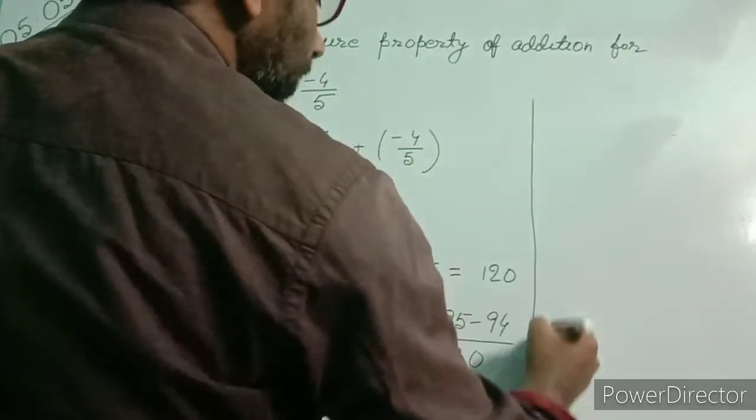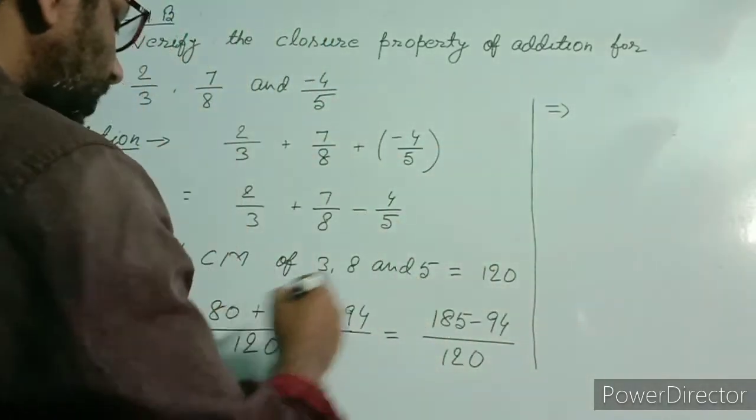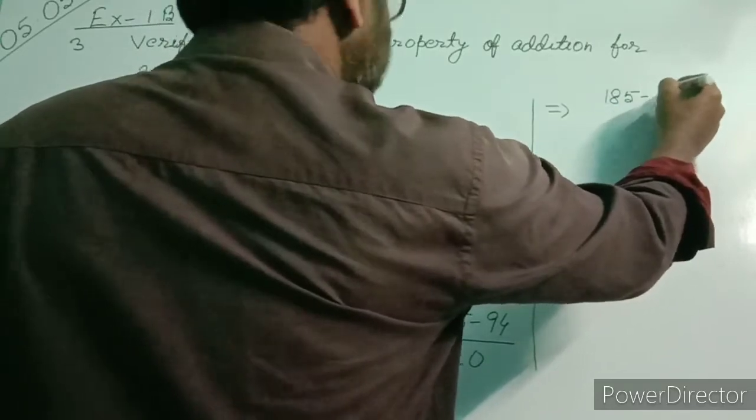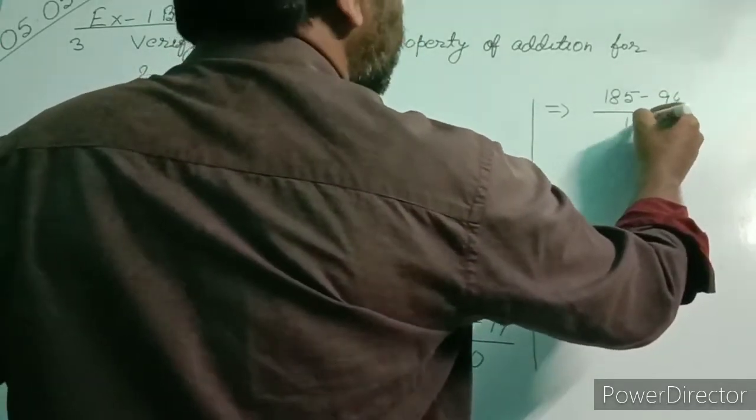In this part it implies that this plus this equals 185 minus 94 by 120.